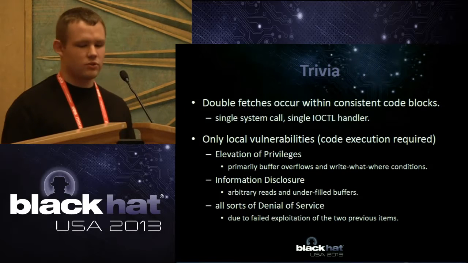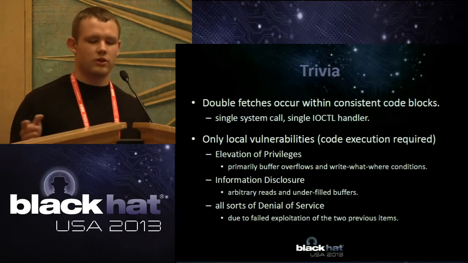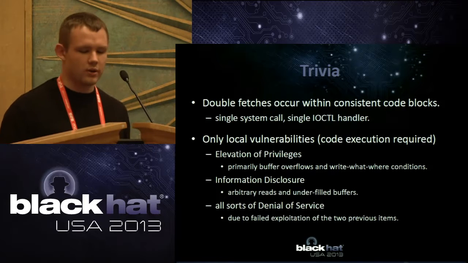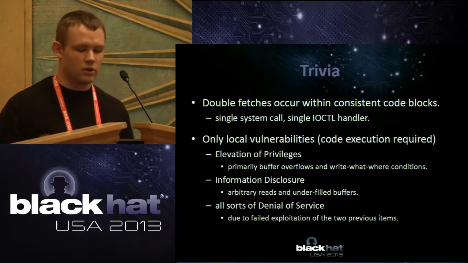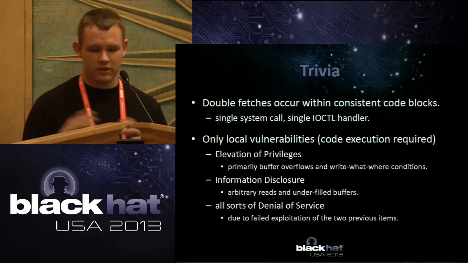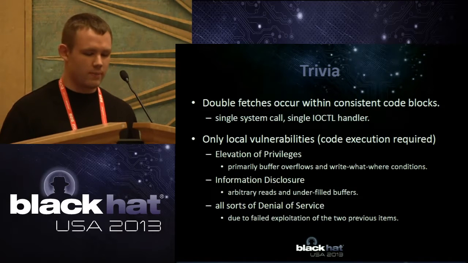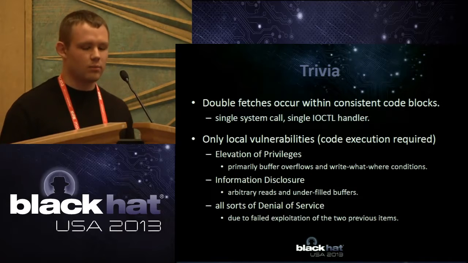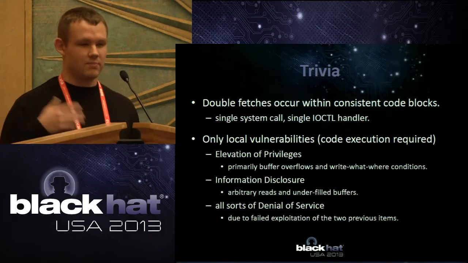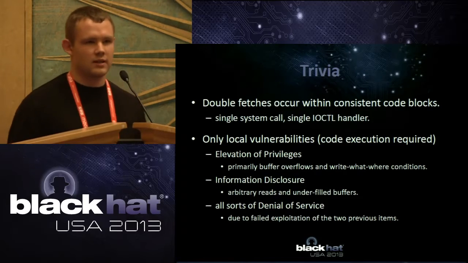So when it comes to the trivia of double fetches, they usually occur within consistent code blocks, either within single system calls or IOCTL handlers, or in general consistent code blocks that are invoked from user mode. And if you find a double fetch, the maximum impact that you can get from it is local bugs.